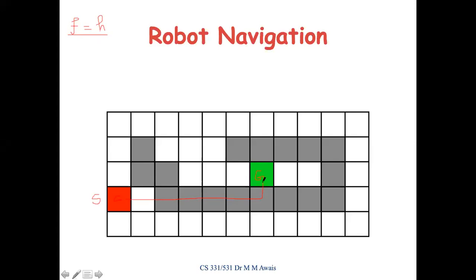Am I correct? Yes. Okay, so this is what you call as the Manhattan distance or the Manhattan function. ठीक है, जैसे अहमद ने बात की, तो एक ये हो सकता है. Is there any other possibility, any other heuristic that you can apply?